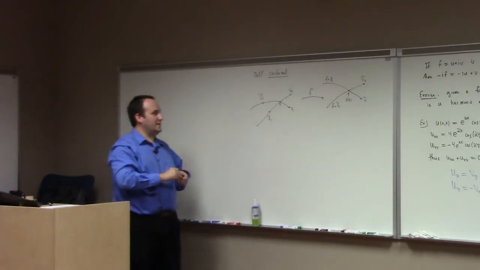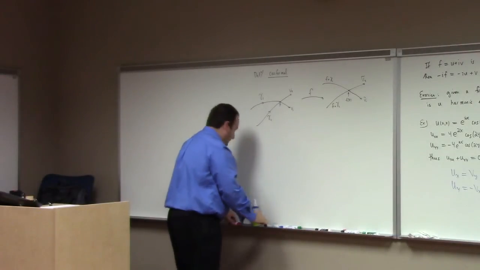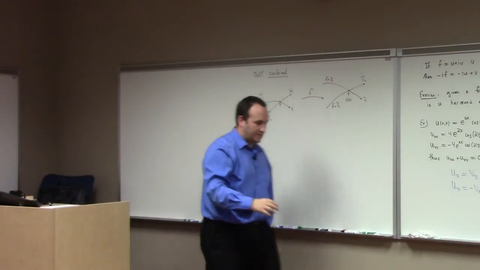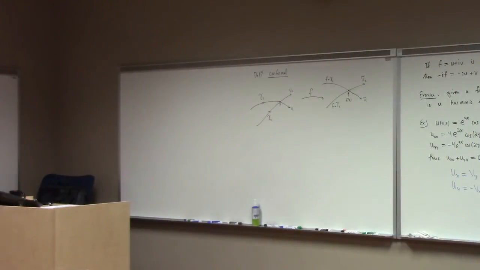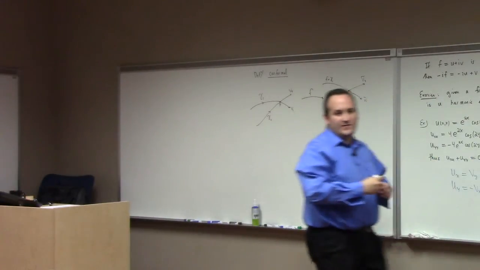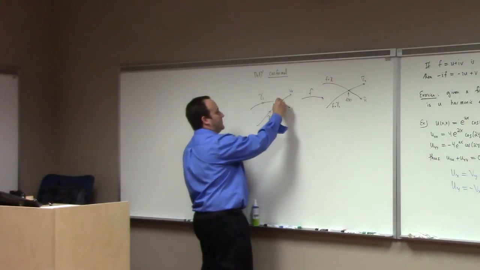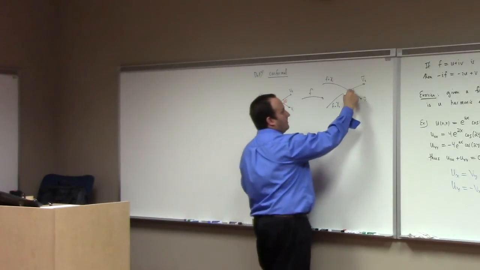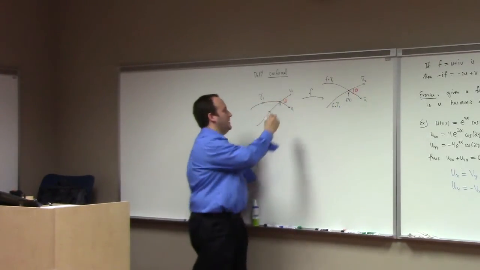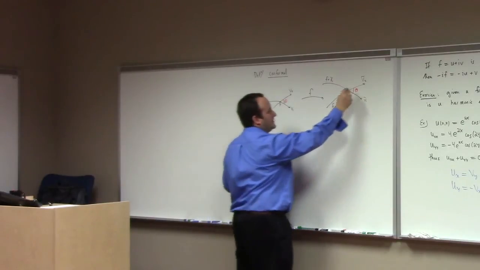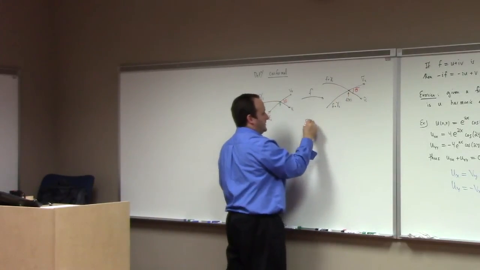The mapping is said to be conformal if the angle between the original two curves is the same as the angle in the transformed pair. So if you want, I could say theta tilde. Conformality is just theta equals theta tilde.